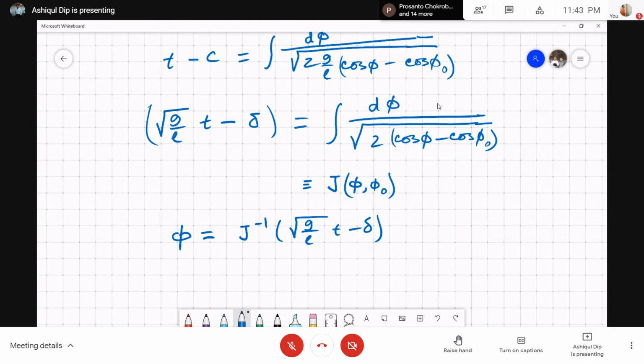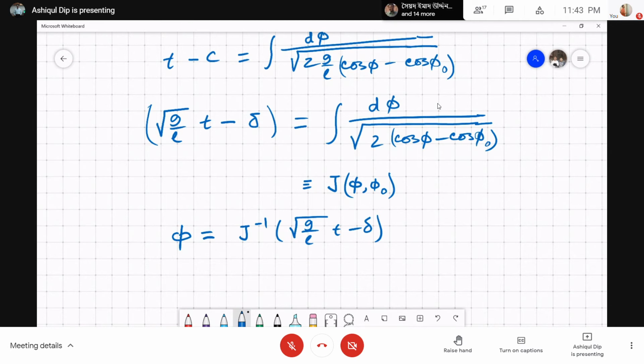See, we do not impose any constraint that phi naught has to be small. So that's the advantage. Even for this second order differential equation, we did not know what to do. Here we actually found a way to integrate that. That's a big achievement here.